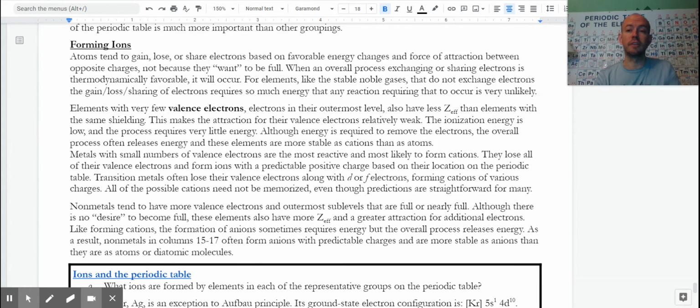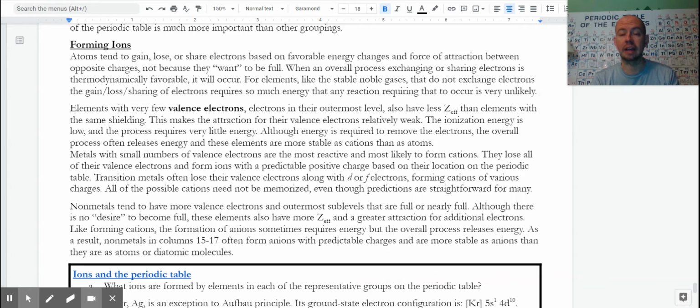So we have used these terms a lot. They are familiar from previous classes, hopefully, and previous years, but atoms will gain, lose, or share electrons, not because they want to, but because of energy changes and because of the forces of attraction predicted by Coulomb's law that allow them to do those things. When they become full, either by gaining, losing, or sharing, they are more stable. They're more, what we would say, thermodynamically favorable.